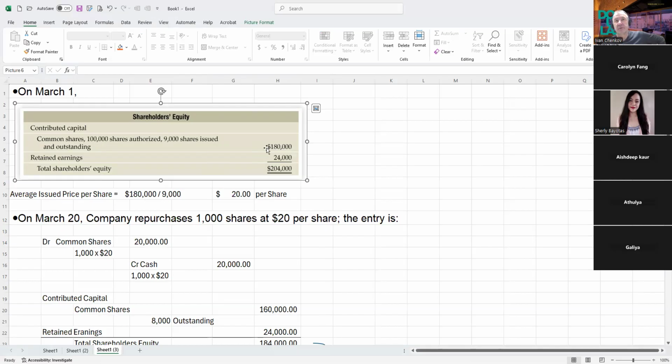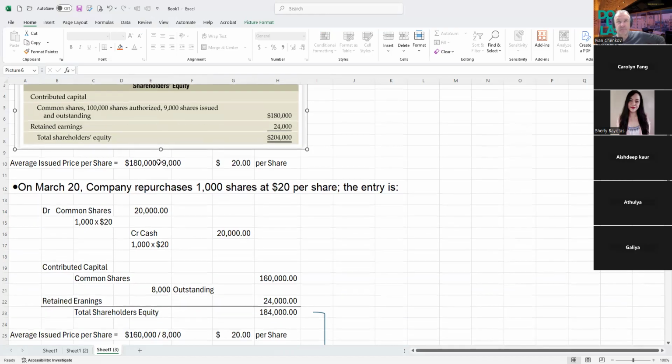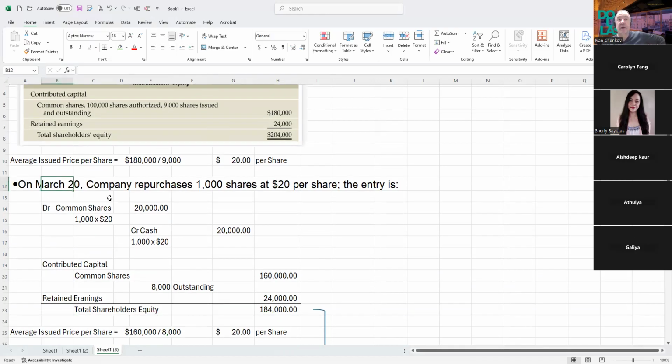The value of the shares divided by the number of outstanding shares. If we repurchase the share at exactly the same average issued price, there will be no difference between the cash that we pay and the value of the common shares that we're purchasing back.